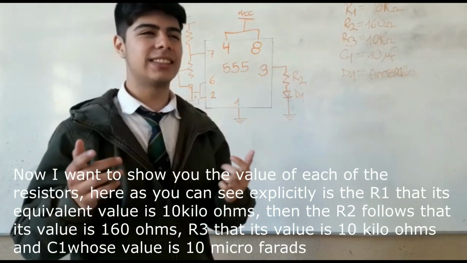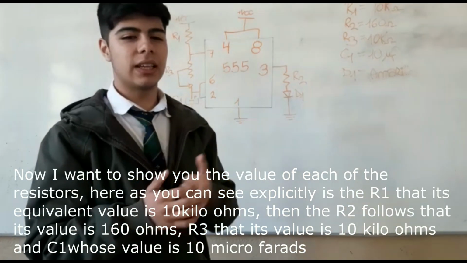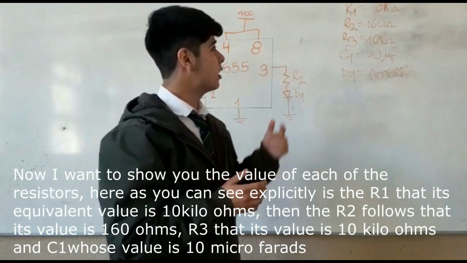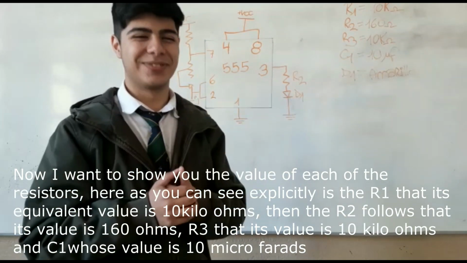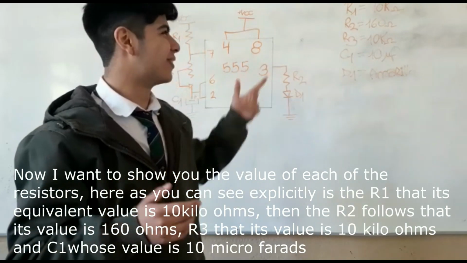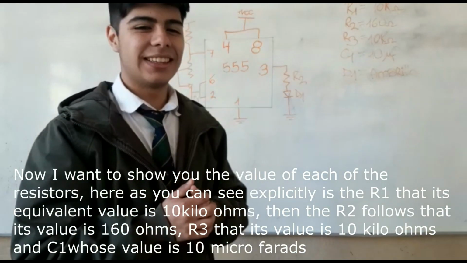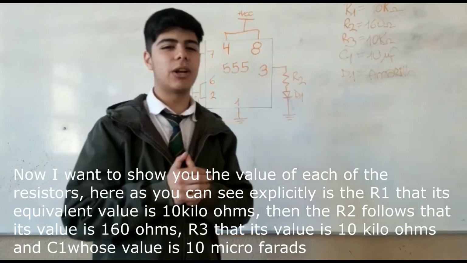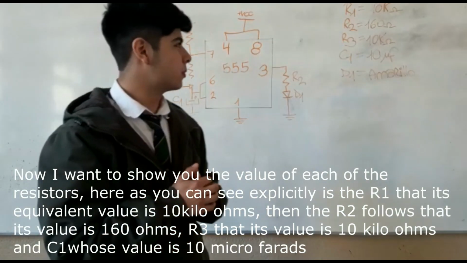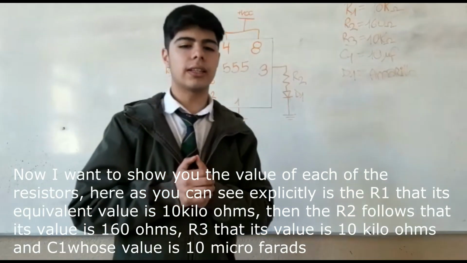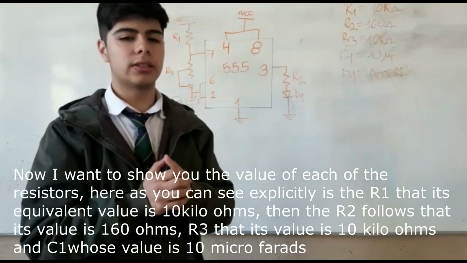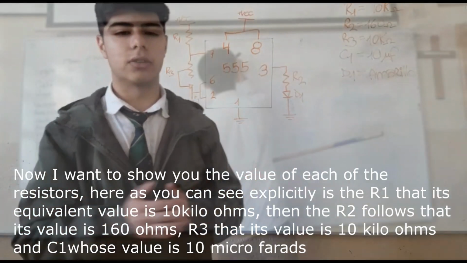After this, R2 has a value of 150, 60, 60 ohms. This R3 has a value of 10 kilo ohms. And C1 has a value of 10 microfarads.